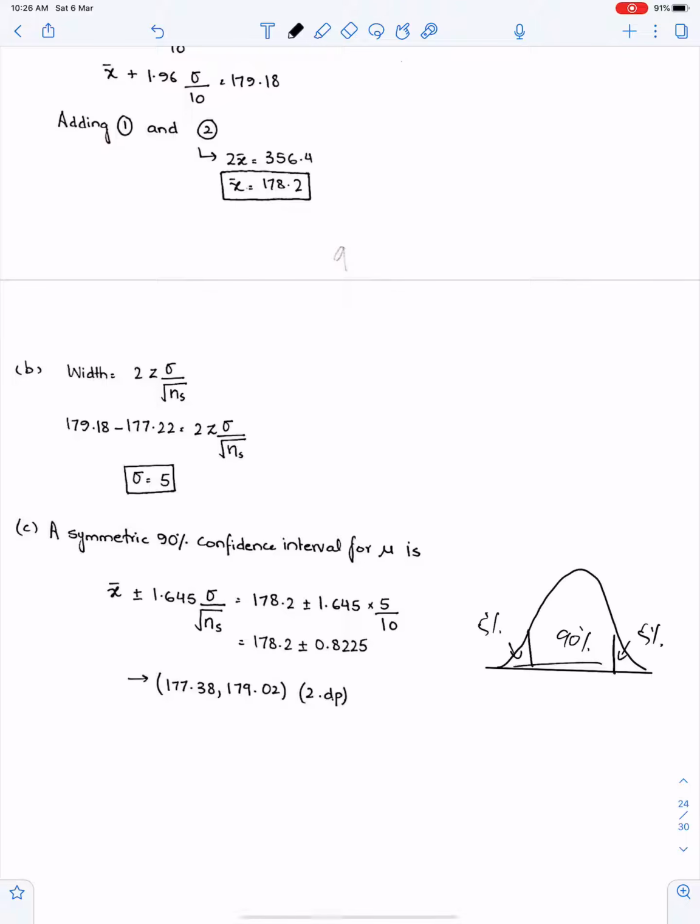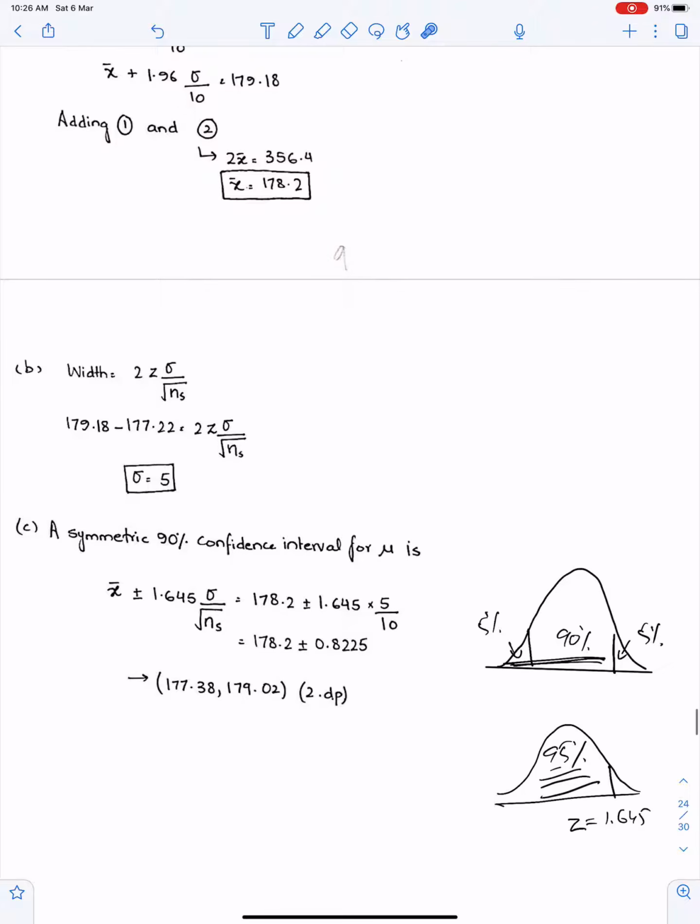So this total area will be 95%, this one. You should use your calculator or table to get the corresponding value of z for this area. The value of z is 1.645. Now you just need to use this formula of confidence interval.